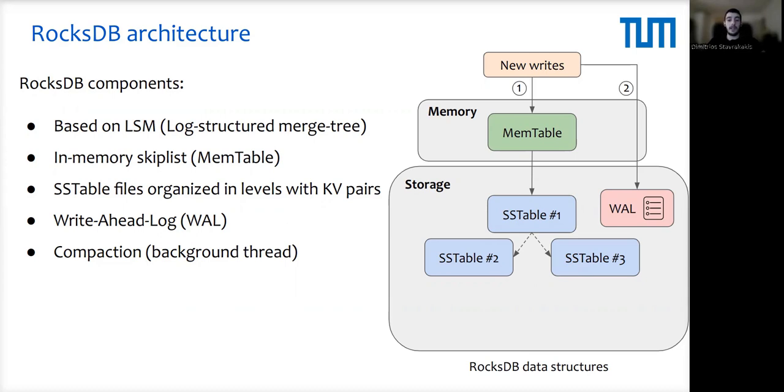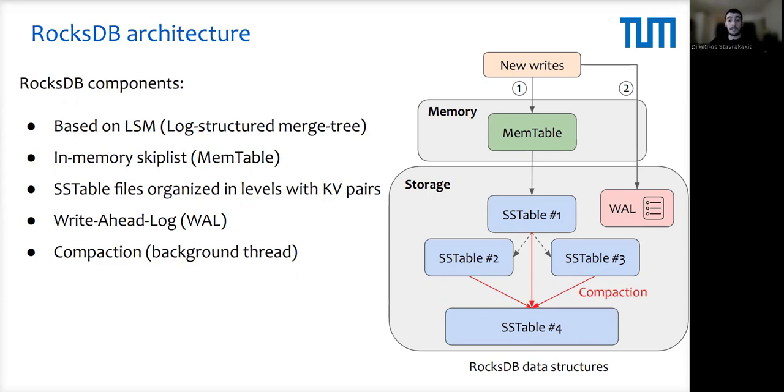To prevent an ever-increasing SS table format, RocksDB leverages a background thread that periodically does the compaction operation. The compaction operation essentially merges the SS tables into a bigger SS table, and it does that while also removing duplicate key entries, and generally does not let the SS tables expand forever.